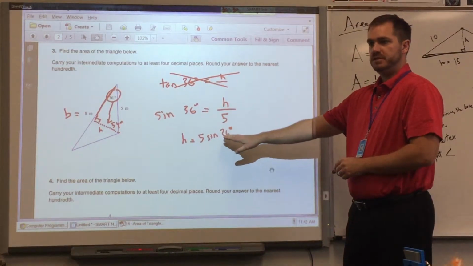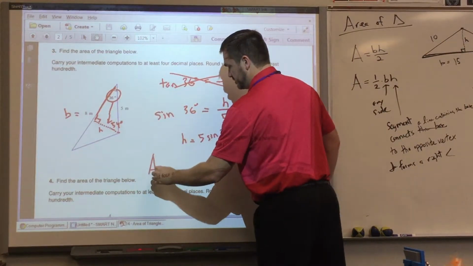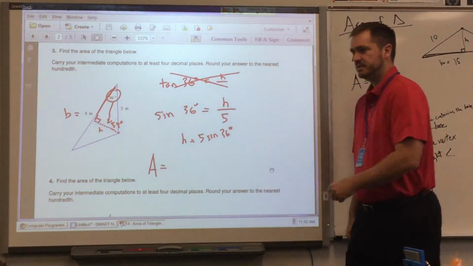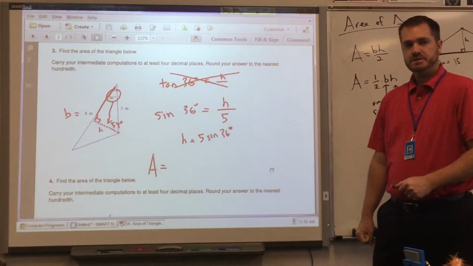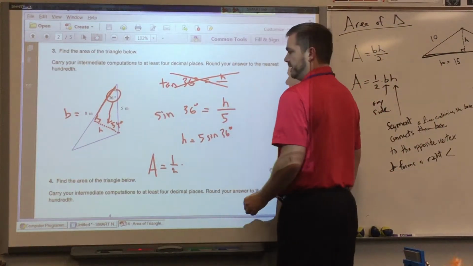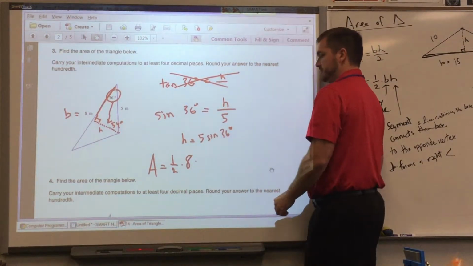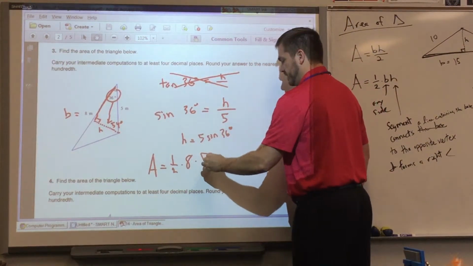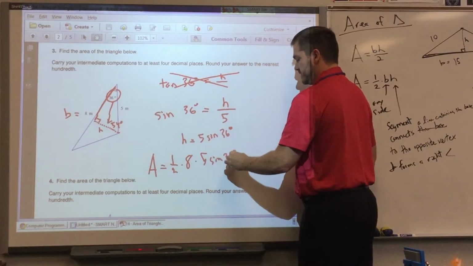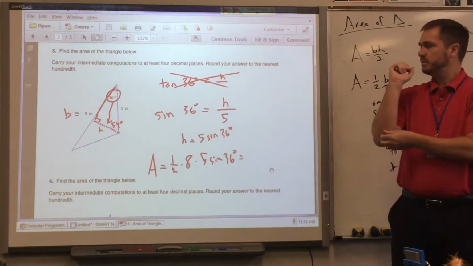Don't touch that calculator yet. I almost did. That's right. Let's go straight to the big one. The area, 1/2 times the base, which is 8, times the height, 5 sine 36 degrees. So lovely. We apply our math.